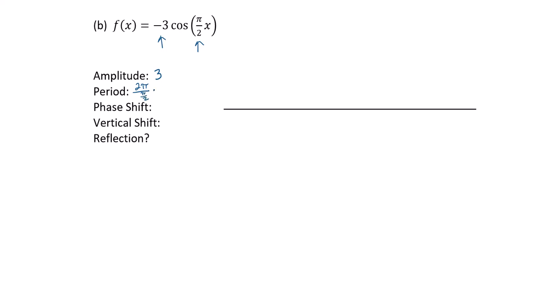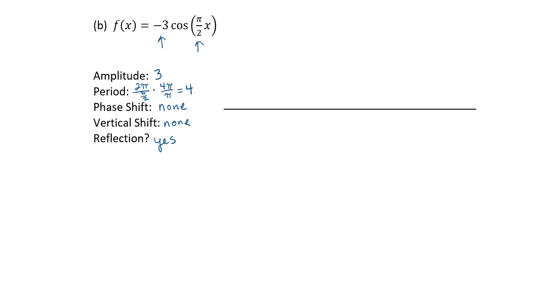And if I can go ahead and simplify that, I'll multiply by 2 over 2. That gives me 4 pi over pi, which is 4. There is no phase shift. There's no vertical shift. And there is a reflection over that midline.